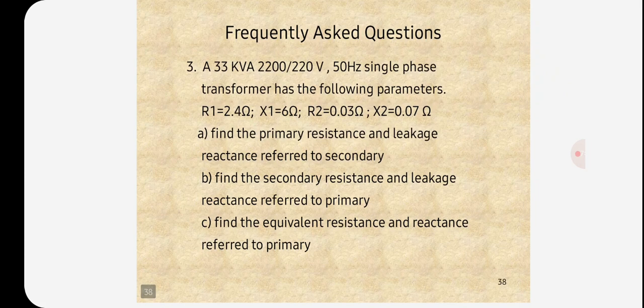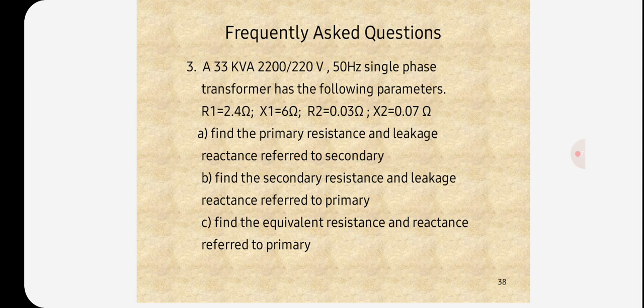And also we have a 33 kVA, 2200 by 220 volts, 50 hertz single phase transformer with the following parameters: R1 is equal to 2.4 ohms, X1 is equal to 6 ohms, R2 is equal to 0.03 ohm, X2 is equal to 0.07 ohm.